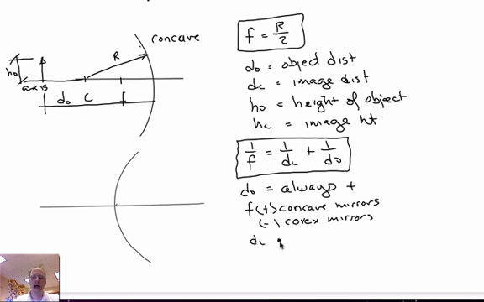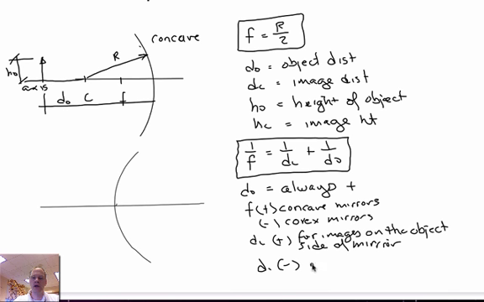DI is going to be positive for images on the object side of the mirror. And DI will be negative for the back side of the mirror.